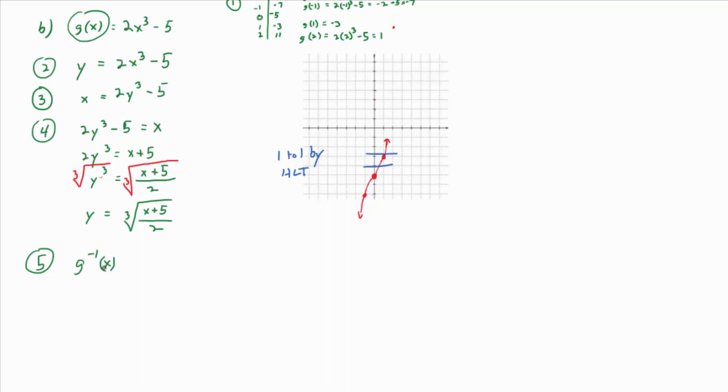So g inverse of x is equal to the cube root of x plus 5 over 3. Is it 2? Yeah, sorry. There we go, 2. All right.